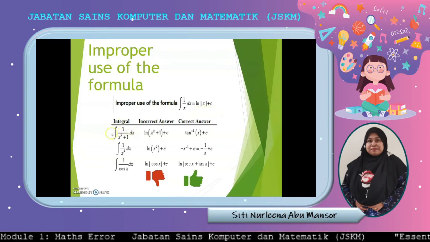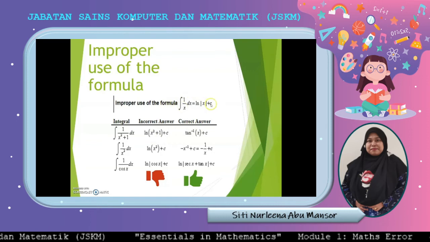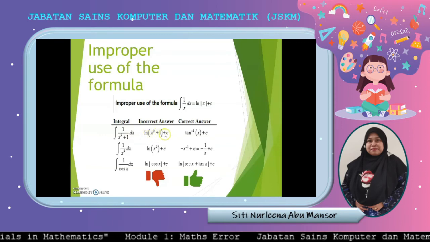Let's say we have this question: we want to integrate 1 over x squared plus 1 dx. What students did wrong was that they used this formula to solve this integration. So they give an answer like this, ln of x squared plus 1 plus c. This is an incorrect answer.